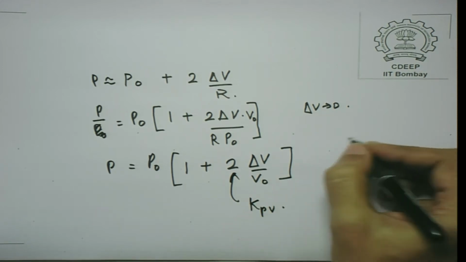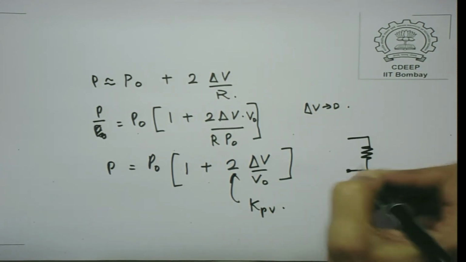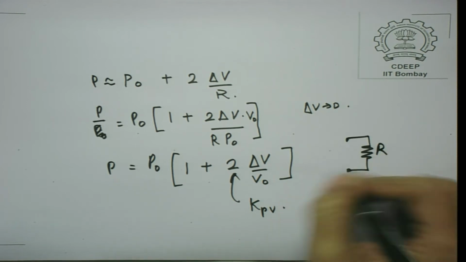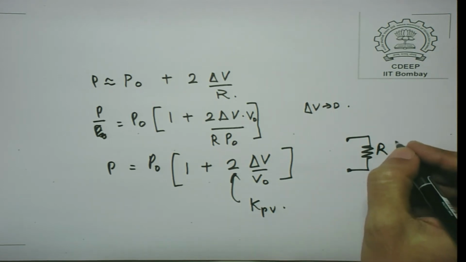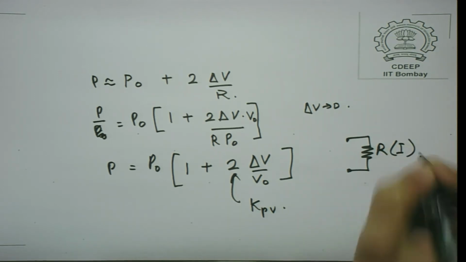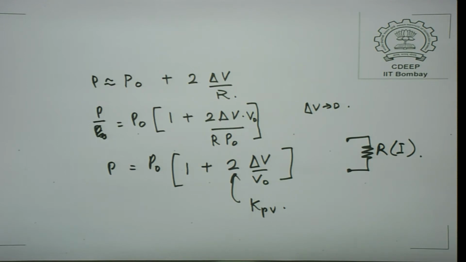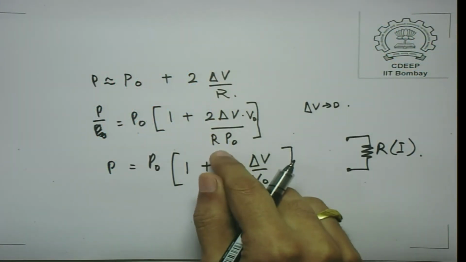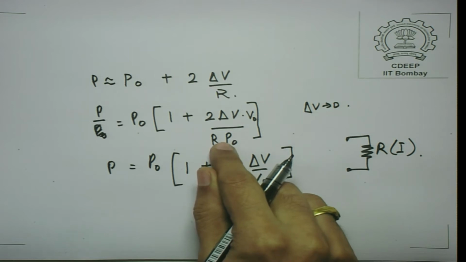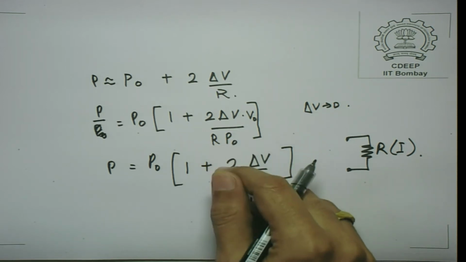So, we expect that a load which behaves like a constant resistance would have this kind of characteristic. Of course, if for example this R is a function of the current, for example you take a filament and it heats up and then its resistance changes, then this KPV will come out to be different, because R itself is going to be a function of the current. Current is nothing but V by R again.